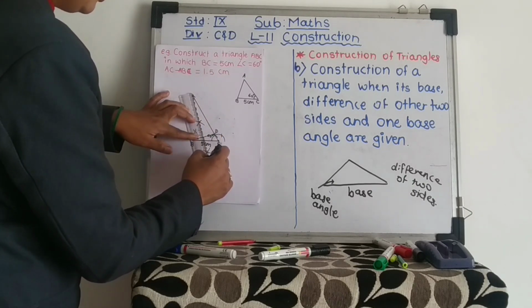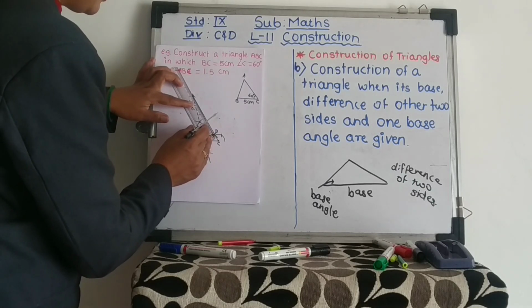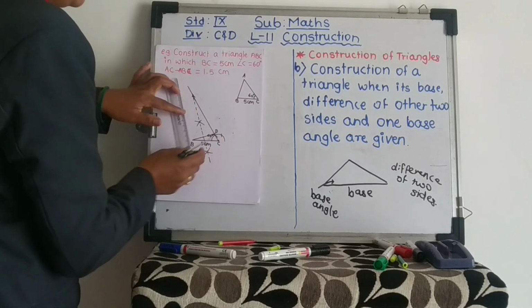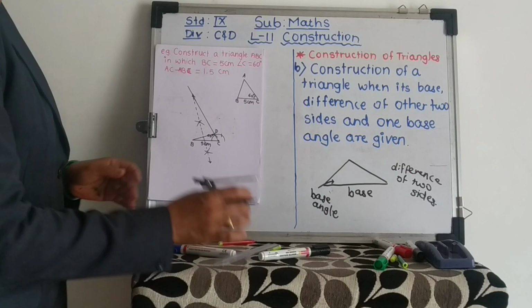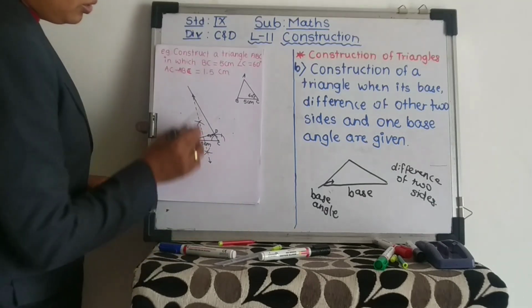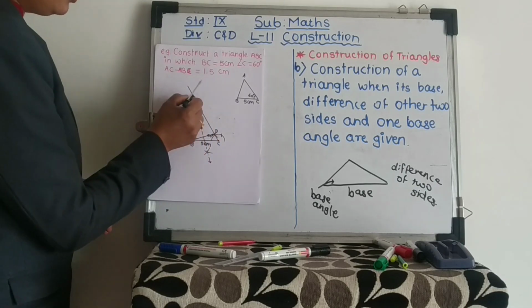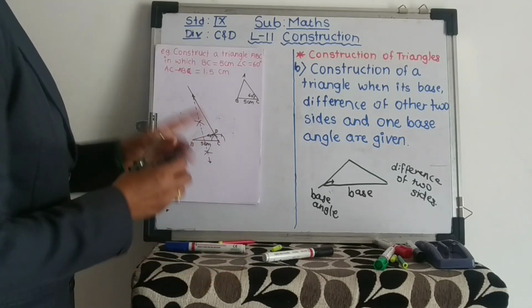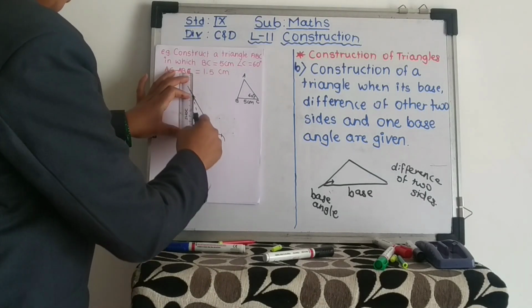While joining, just make sure that the earlier side is slightly bigger one. Draw it bigger. Now the point where that perpendicular bisector cuts that DC, we will join that point with the help of a scale.